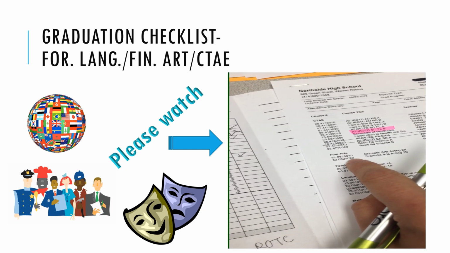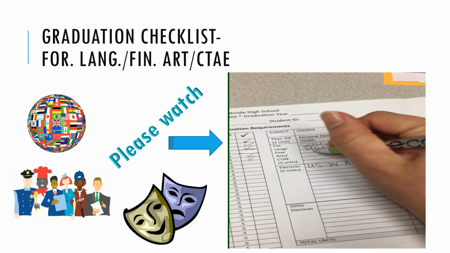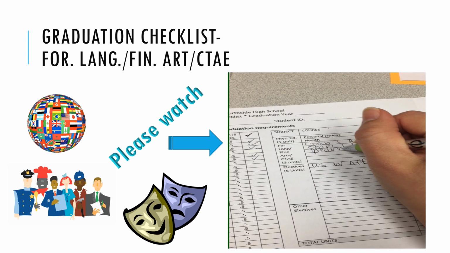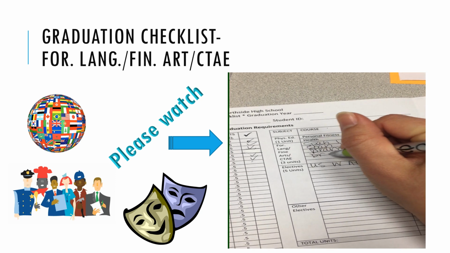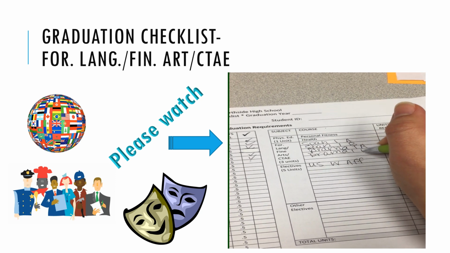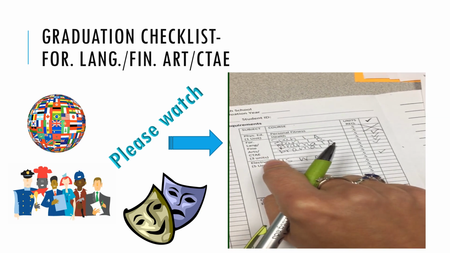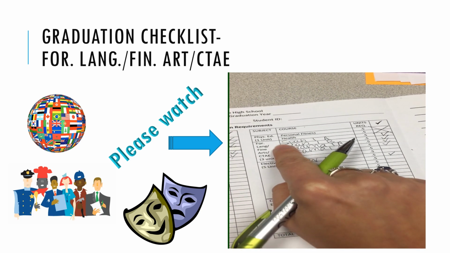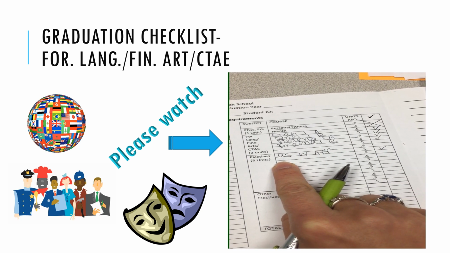So I will record them as well in this same category. So that was a drama 1A, check. Drama 1B, check. If you have more, you will record them in this box. If you run out of room in this section, you can move down to the electives section.